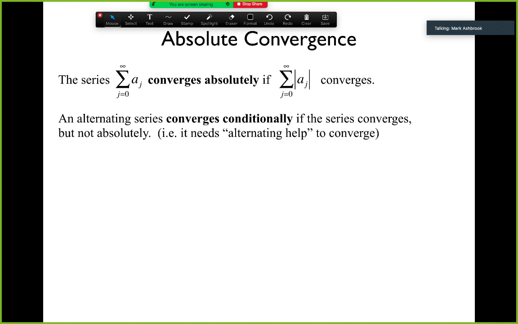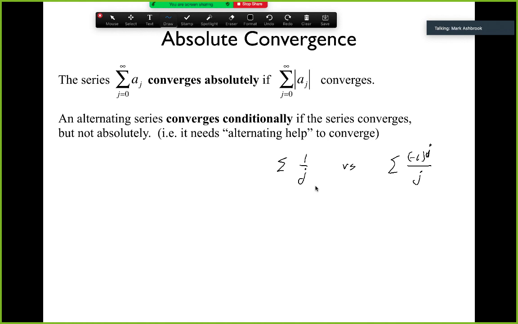Right, so the most obvious example is the harmonic series and the alternating harmonic series. Harmonic series, does it converge or diverge? Diverges.